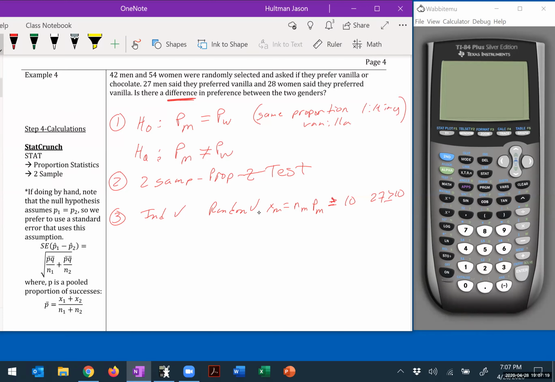The number of men who did not like vanilla is just going to be 54 minus 27, which is the other half, right? So that's 27, which is greater than or equal to 10, so that checks as well. This is n times q hat men, which is just the number of men who did not like vanilla. They like chocolate. Looks like it's pretty much split 50-50.